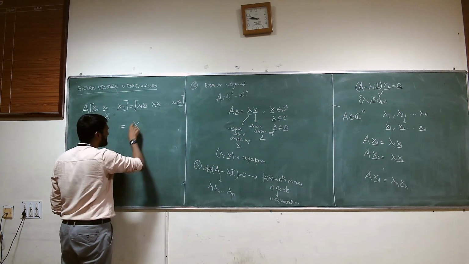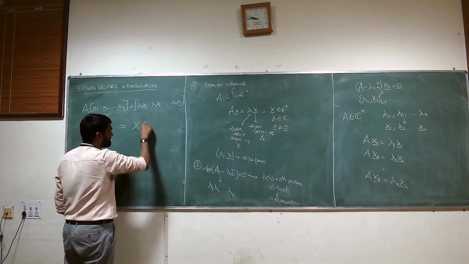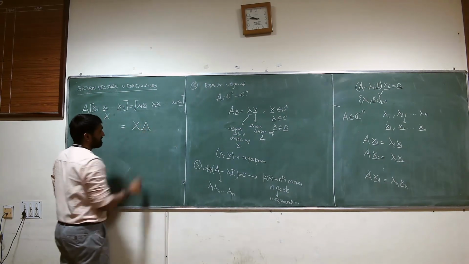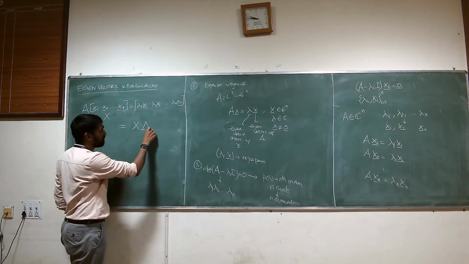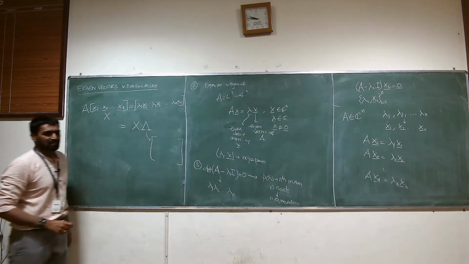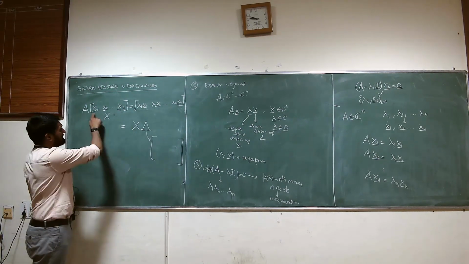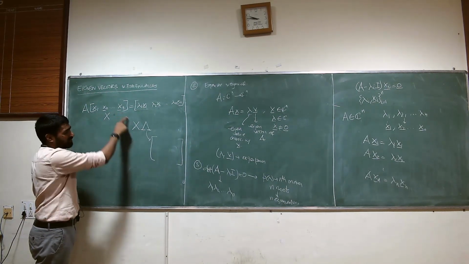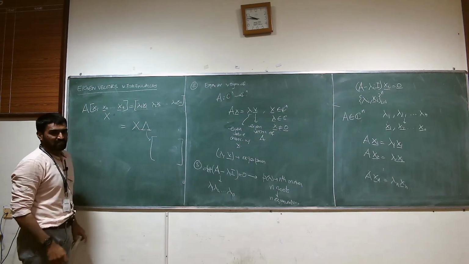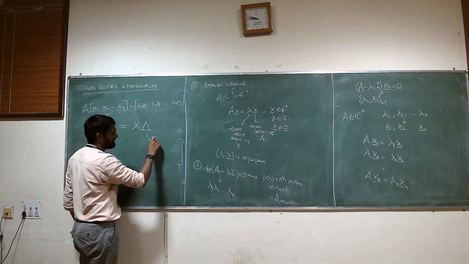That means I can write it as X multiplied by a matrix like this, but you have to tell me what this matrix will be. What will be the elements of this matrix? What will be the first column?